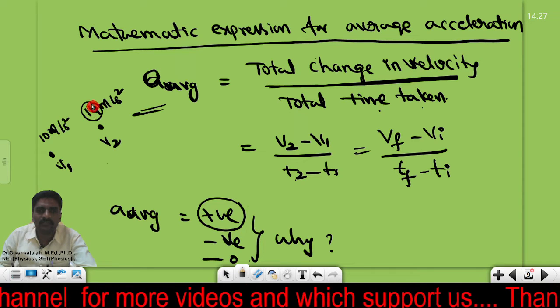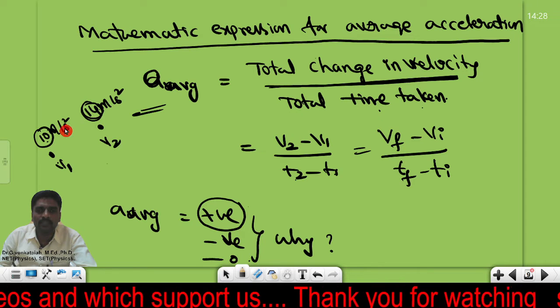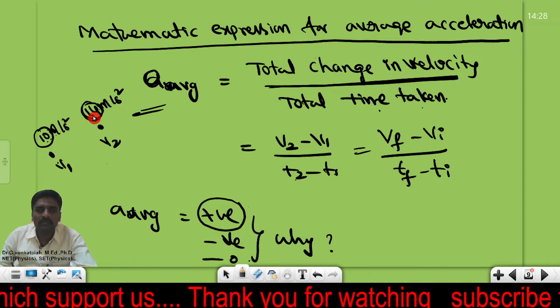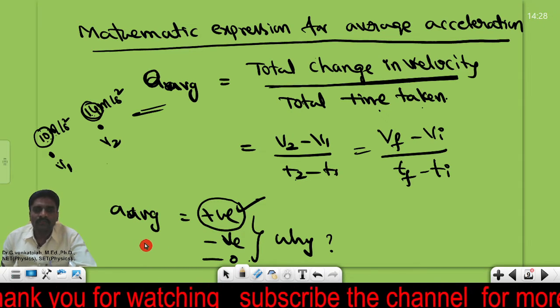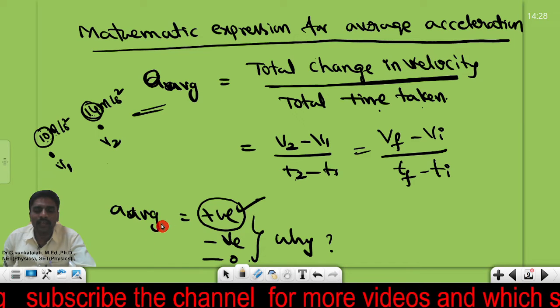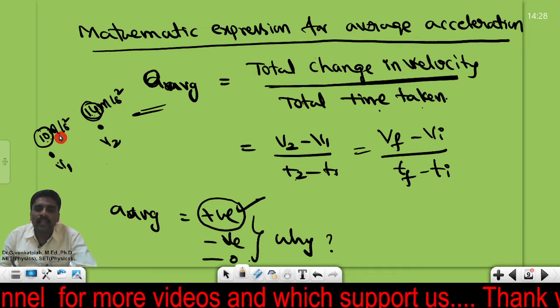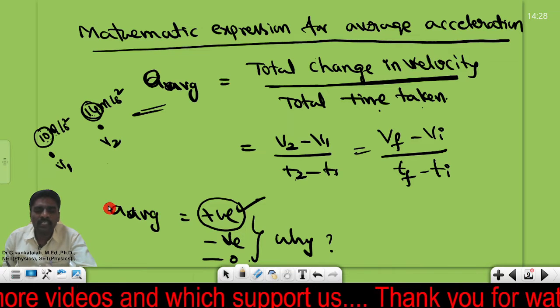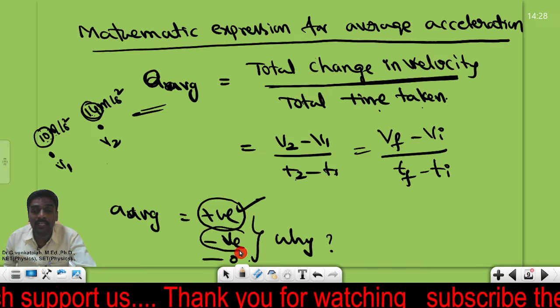It is a higher value compared to 10. If you subtract this, you get a positive value, so the acceleration is positive. That means if the velocity is increasing with respect to time, then the average acceleration must be positive. If the velocity of the body is decreasing, then what will happen? The average acceleration will be negative.